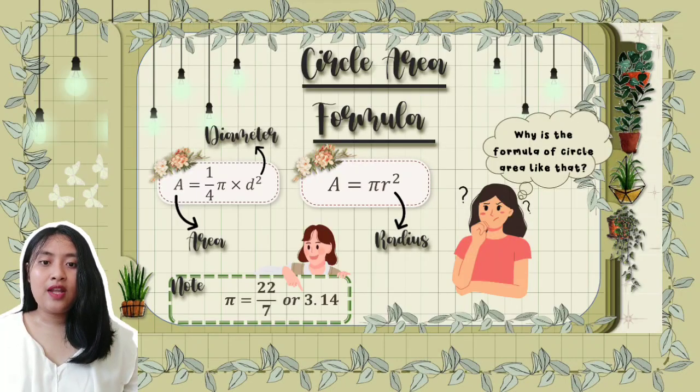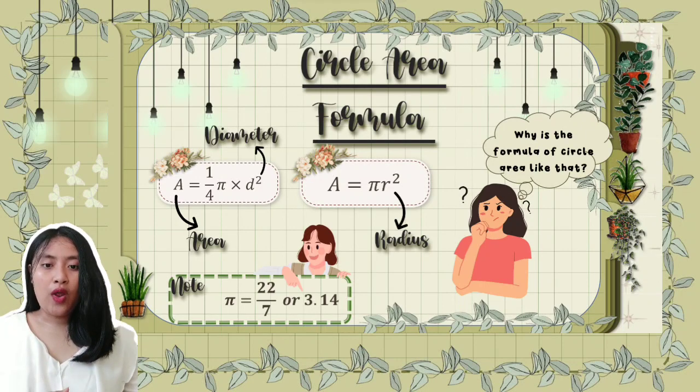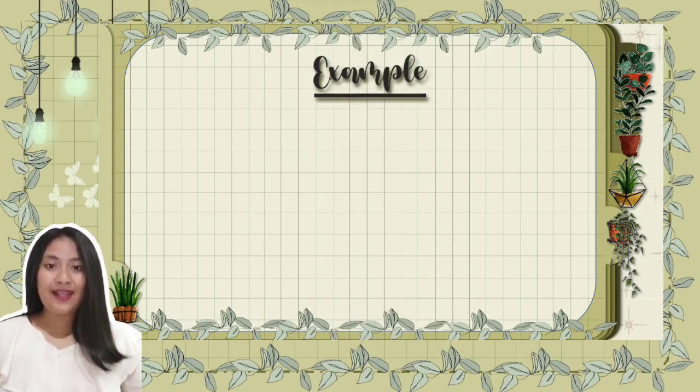Because of that, the formula of circle area is pi R squared or 1/4 times pi times D squared.